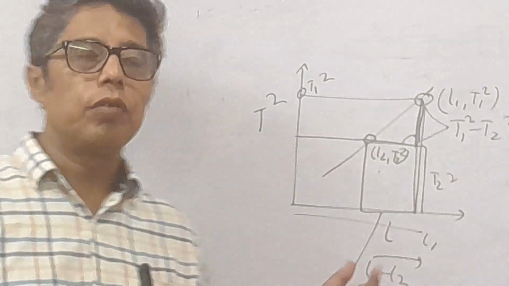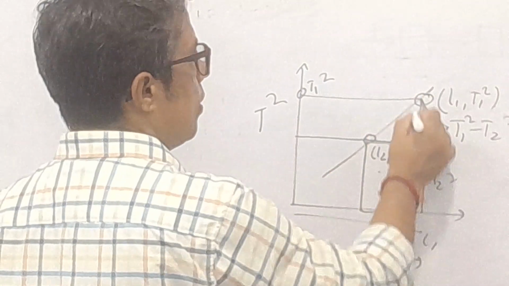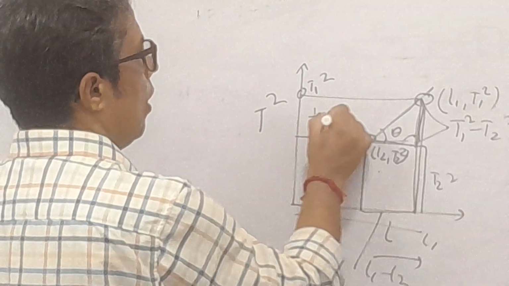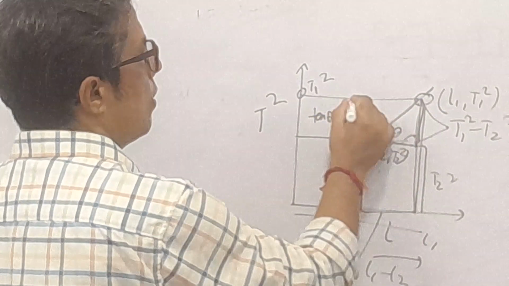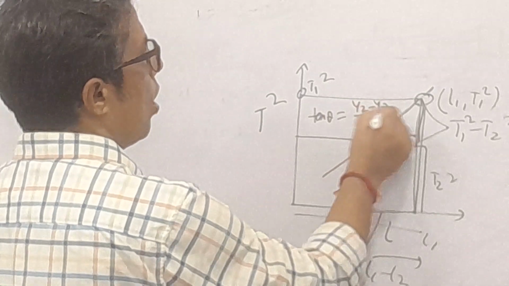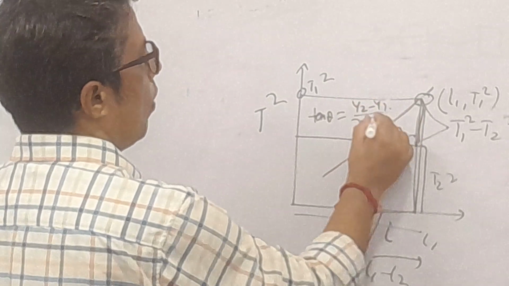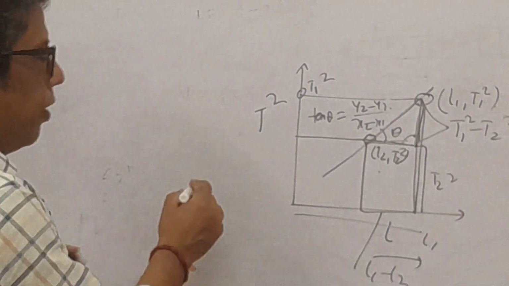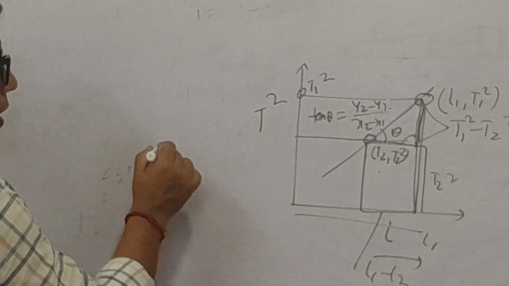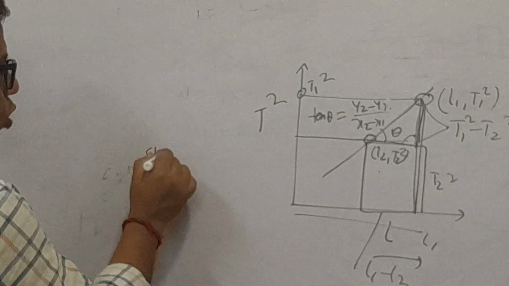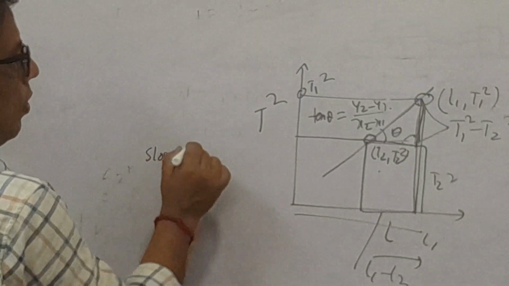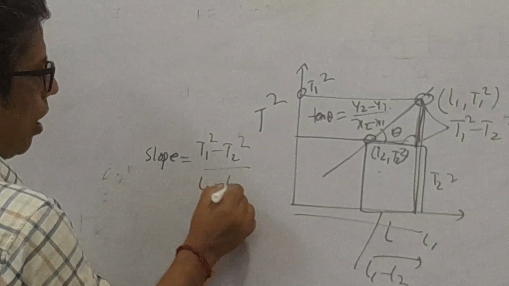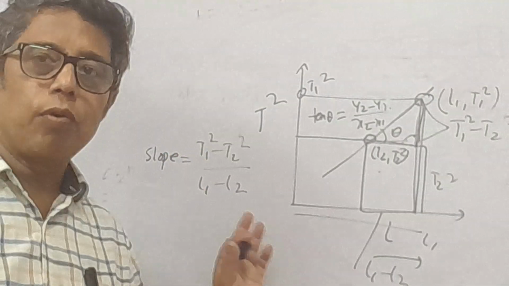If this angle is theta, then tan theta is equal to y by x, meaning y2 minus y1 by x2 minus x1. So the slope of this graph is equal to T1 square minus T2 square by L1 minus L2. This is the slope of the straight line.